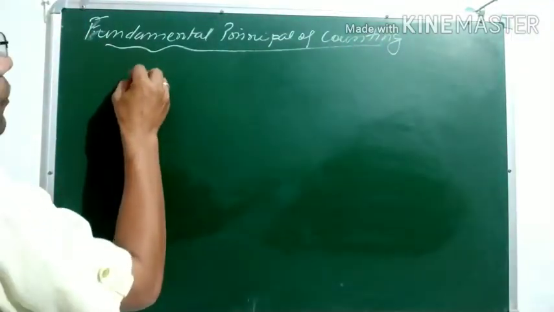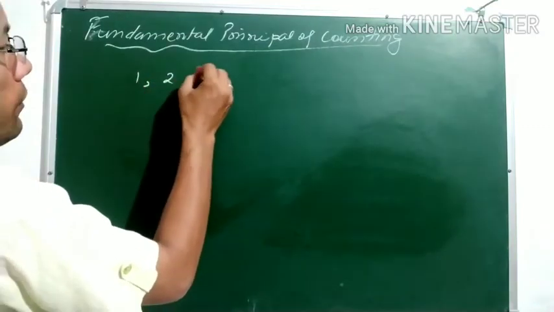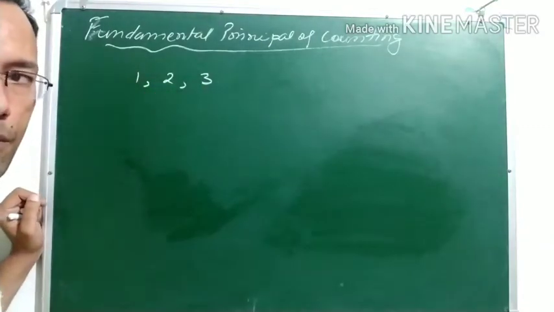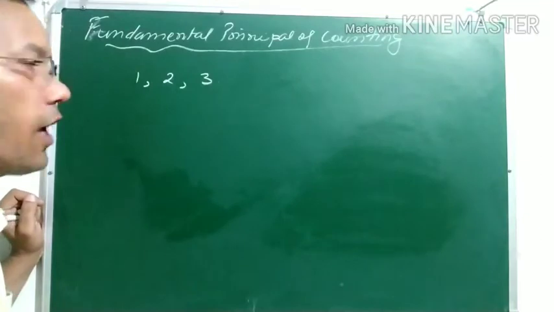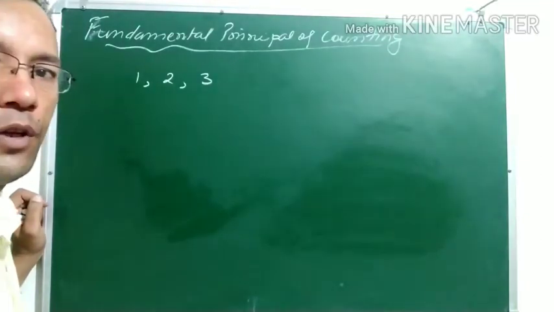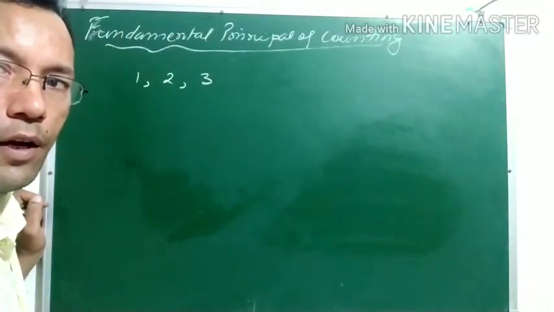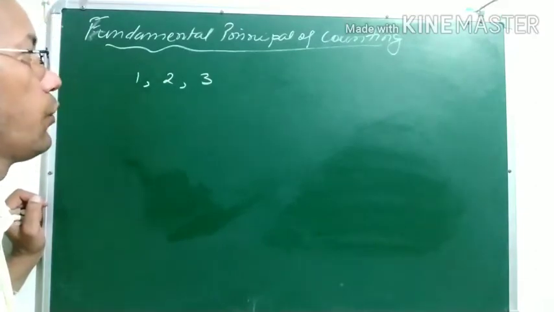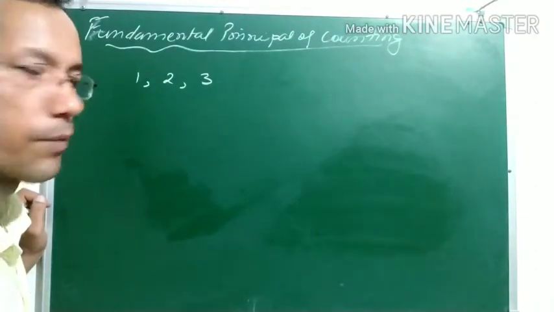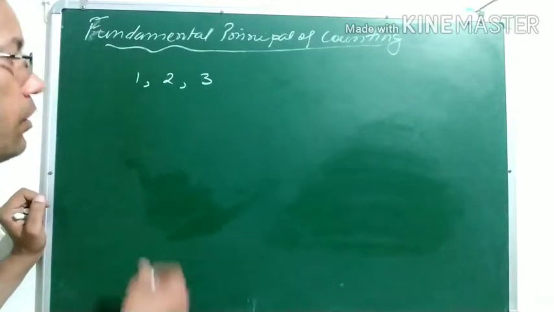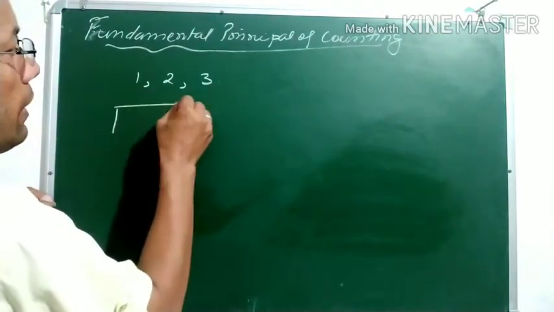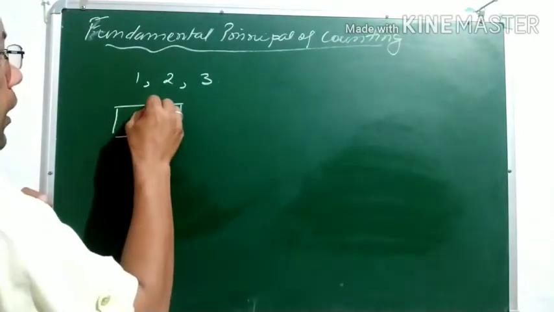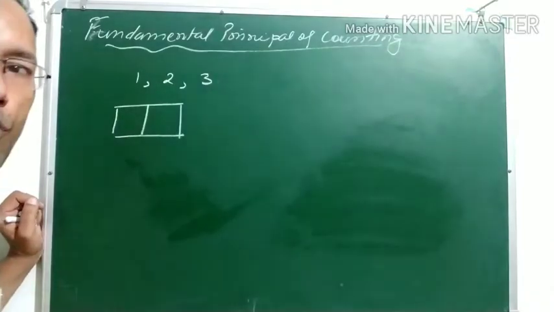Like we have 1, 2, and 3. There are 3 numbers, and we have to find out how many 2-digit numbers can be formed from these. This is 1, 2, 3. Now we need a 2-digit number, so I have drawn 2 blocks.